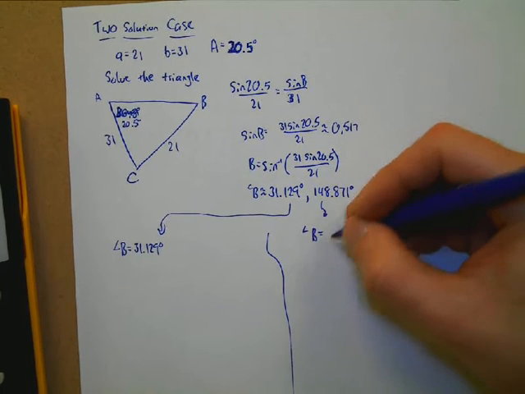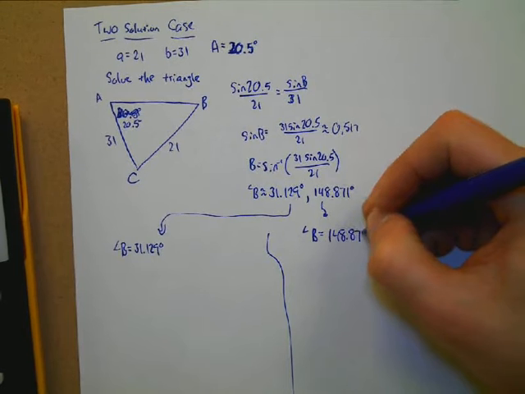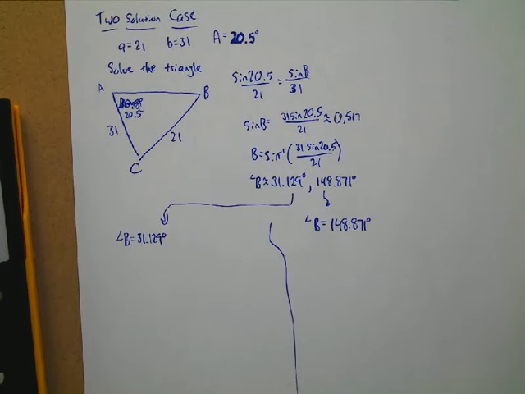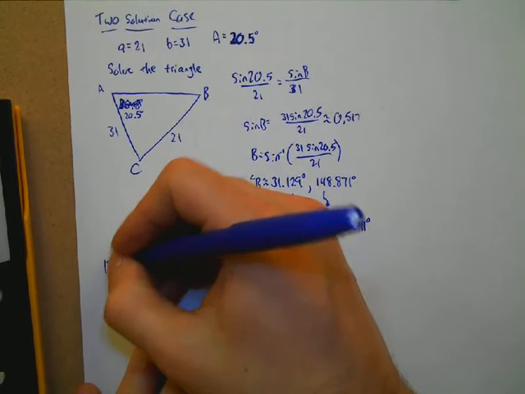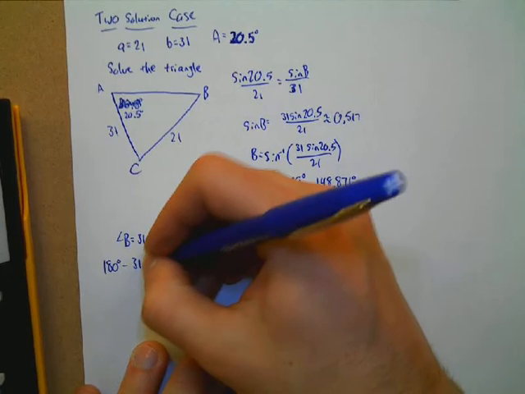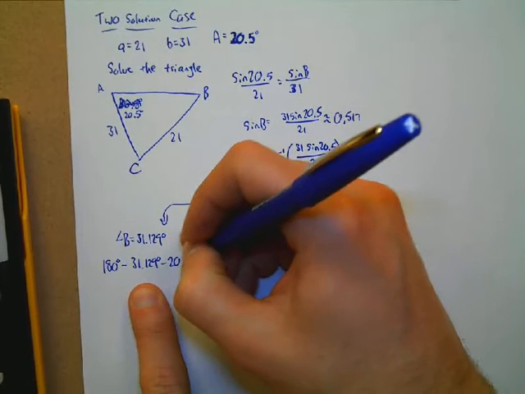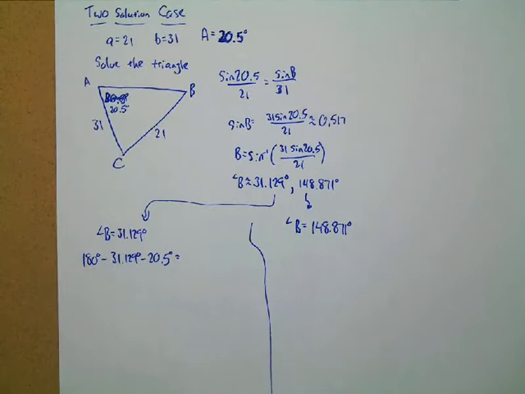It's got to be angle C. So we're going to do 180 minus the 31.129 angle B minus the 20.5 angle A. So we get 128.371. So there's angle C.